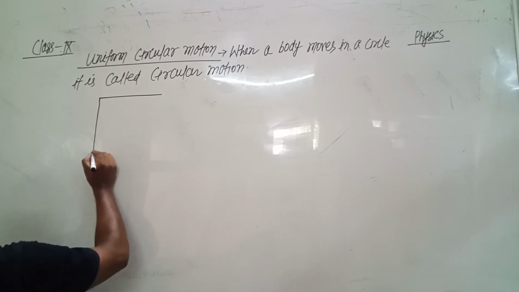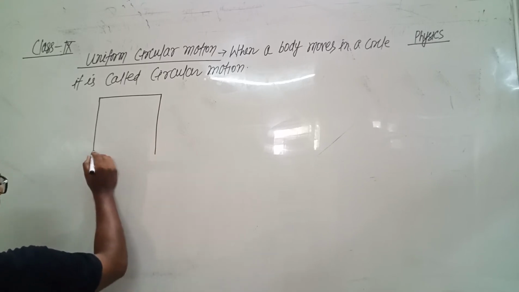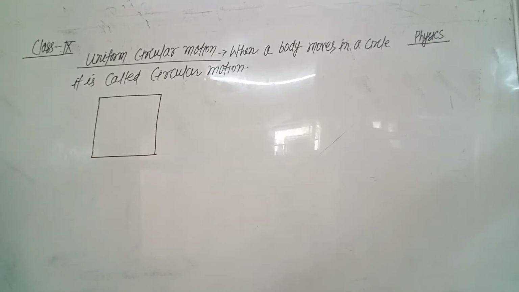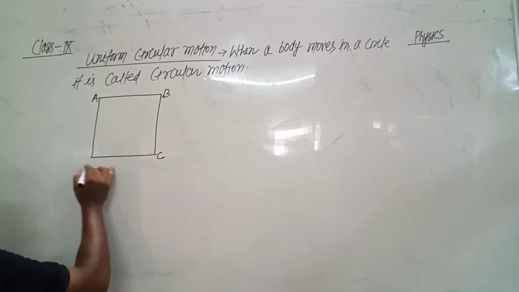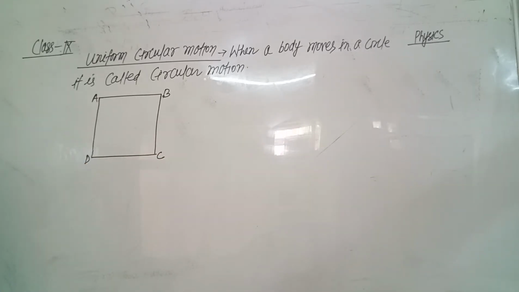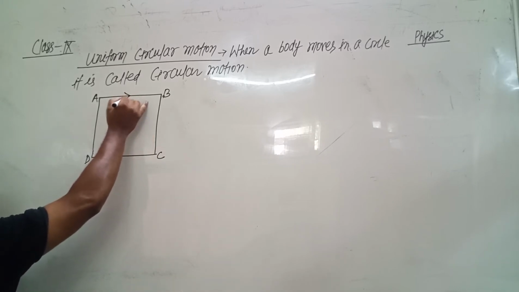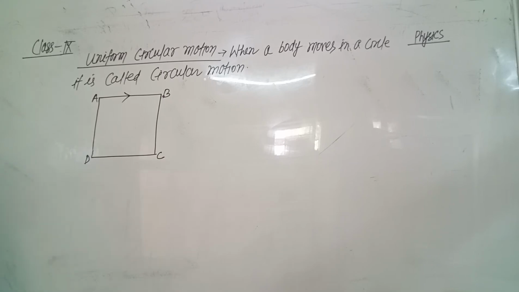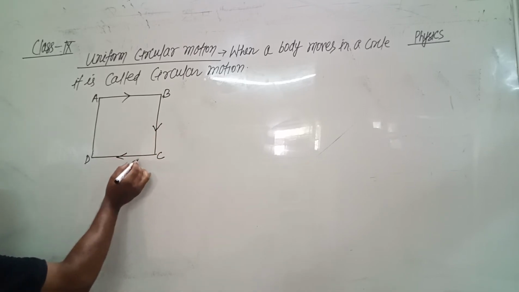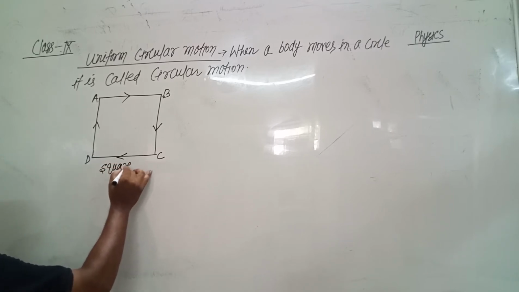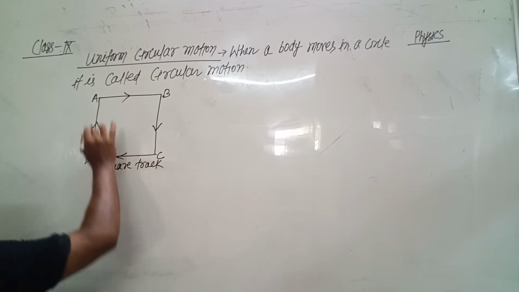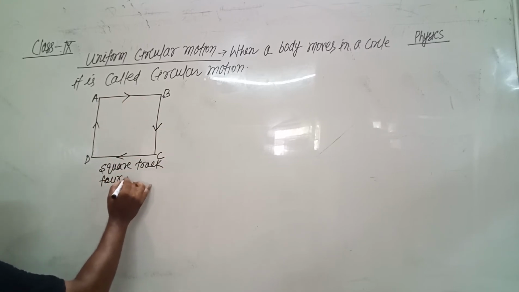This is a square having 4 vertices A, B, C and D. A body started moving from A. It goes to B, then it comes to point C, again it goes to point D, and then it returns back to the point A. So this is called a square track.